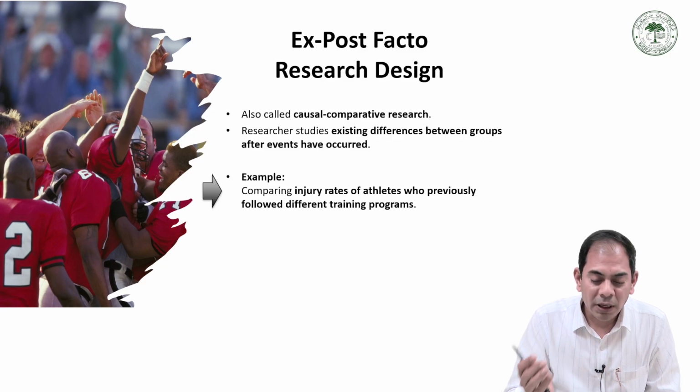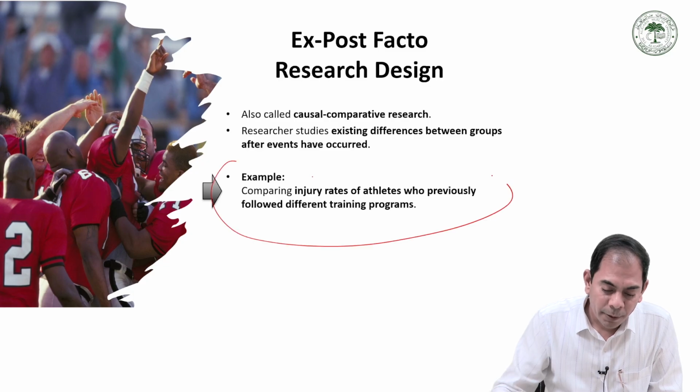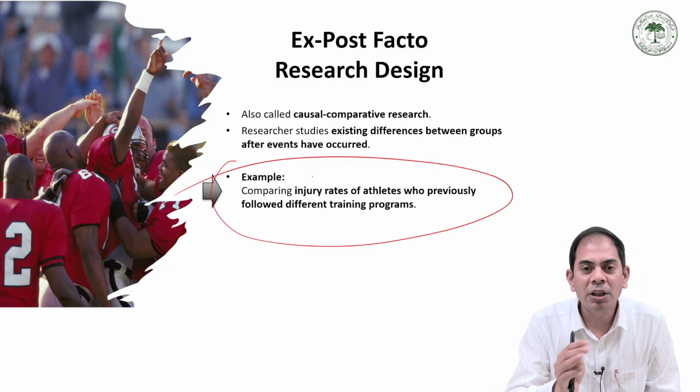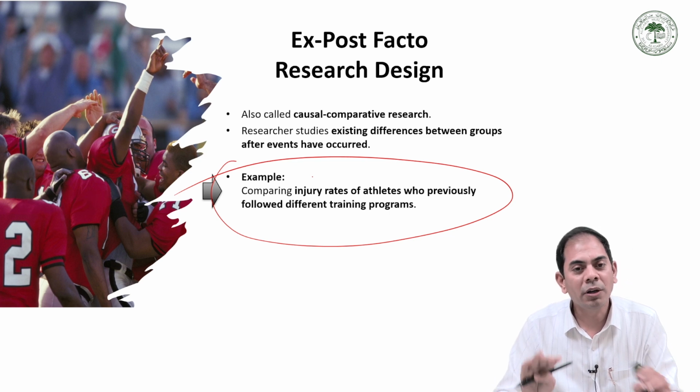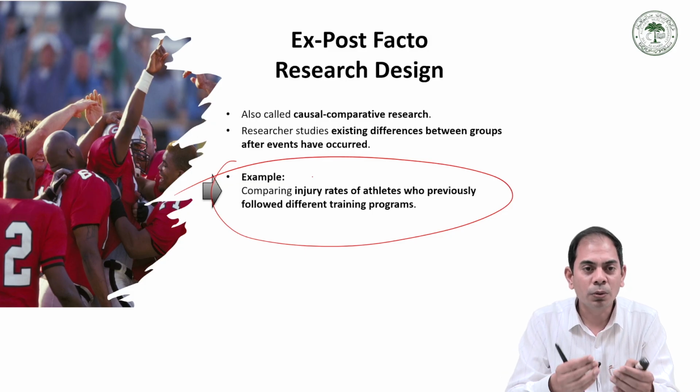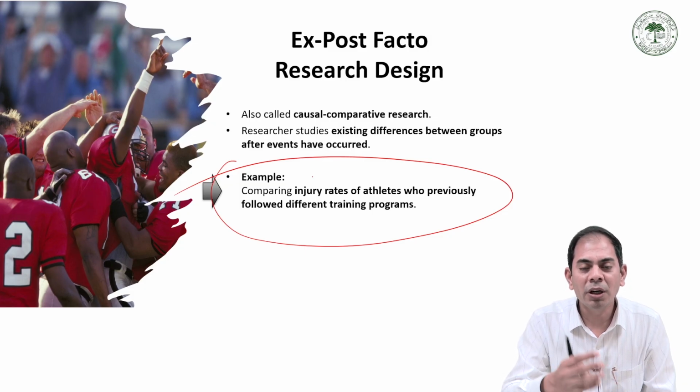Here is a simple example of ex post facto research. A researcher may compare the injury rate of athletes who previously followed different training programs. The training programs already happened, and we just find out the rate of injuries. One group may have followed strength training while another group followed regular fitness training.